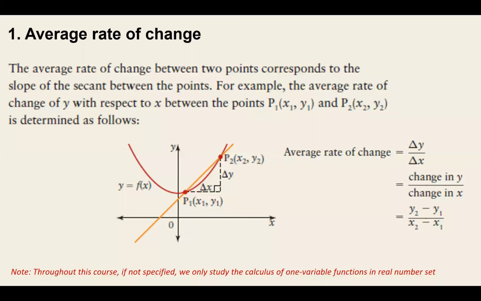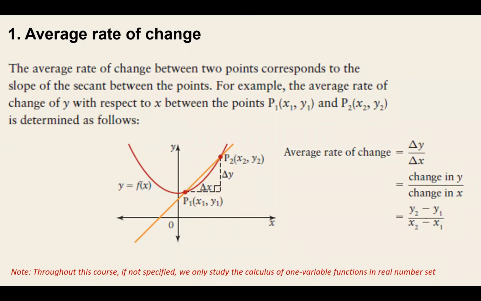Okay, first of all, the concept of average rate of change. Please get prepared to take any notes you need. The average rate of change between 2 points corresponds to the slope of the secant between the points.